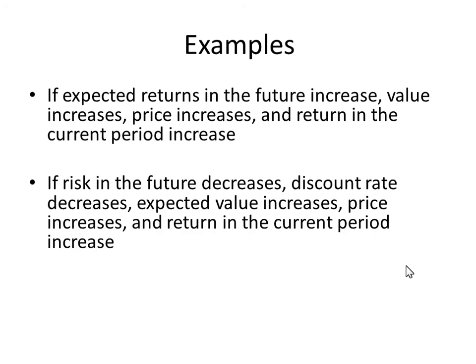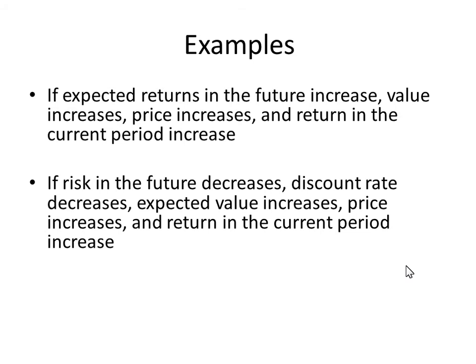Now, let's take another example, where a firm has its risk in the future decrease. For whatever reason, the riskiness of that firm has declined. A major competitor has exited the market. That would cause that firm to have more stable returns because its competitor has left.